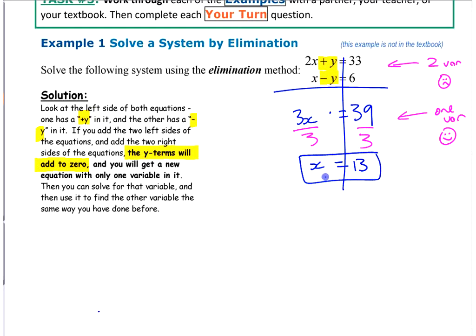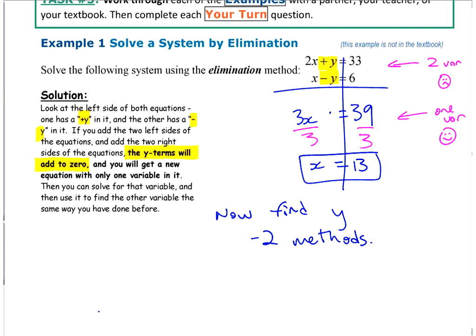It's the same as the other method in that you find the variables one at a time, but it's different how you go about finding them. Now you can solve for the other variable two ways. Okay, now find y. You have two methods.